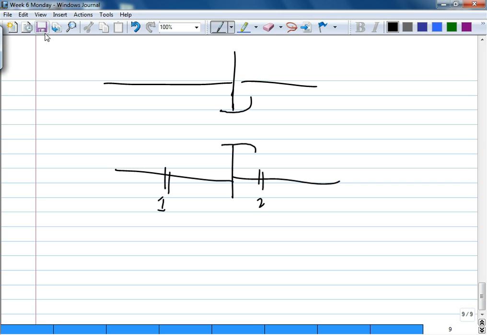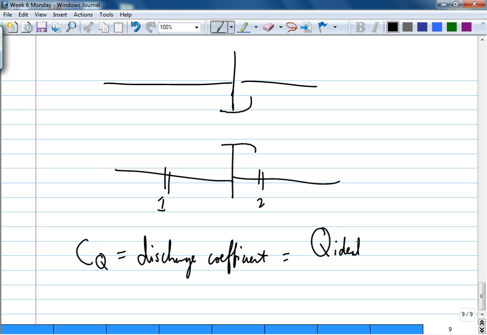So, finally, there's this thing called C_Q, which is called the discharge coefficient. The discharge coefficient is actually Q actual over Q ideal.